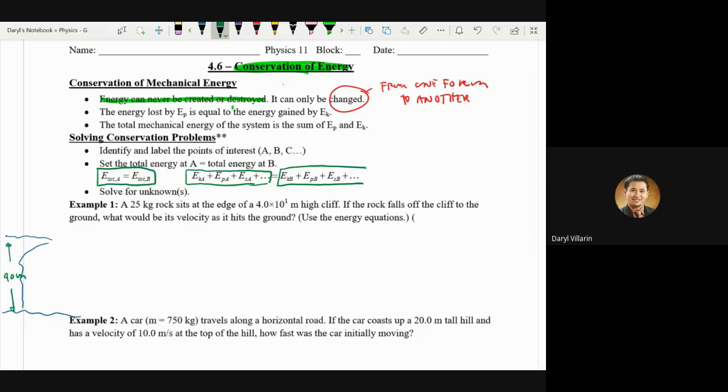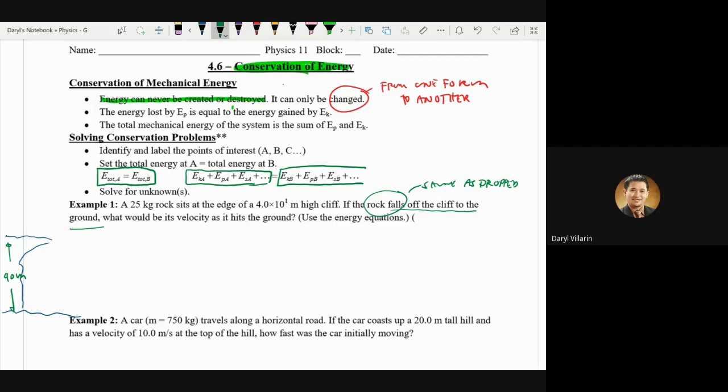So this is just the same thing as being dropped. And we know that if it is dropped, velocity is equal to zero. Okay, so velocity is equal to zero.